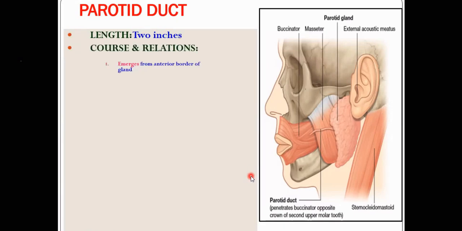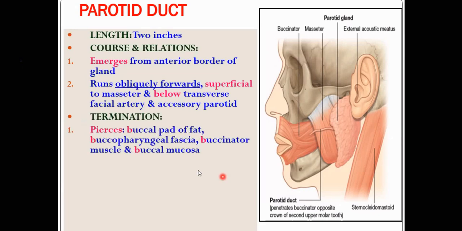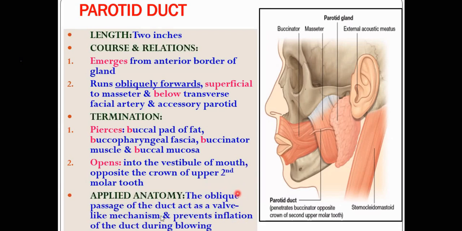You can read the detail later, but you can see its termination. The oblique passage of the duct acts as a valve mechanism. It enters obliquely, and whenever the buccinator muscle acts, it closes this duct, so the saliva cannot go back in this area.